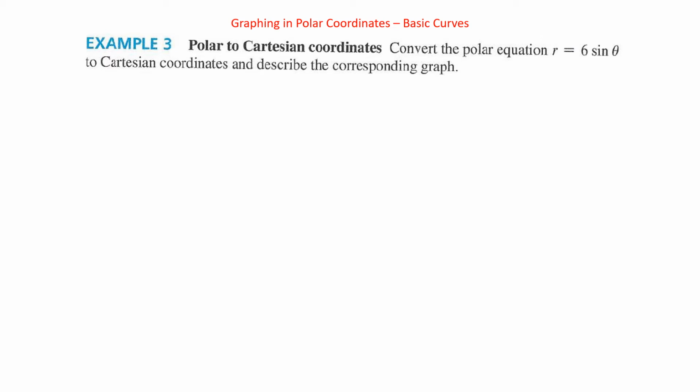Other basic curves. Let's convert the equation r equals 6 sine theta to Cartesian coordinates so we can describe what this thing looks like. Because when we see r equals 6 sine theta, what does that even look like? So how can we change this to Cartesian? First of all, everything we have is like r cosine, r sine. So let's multiply both sides of this by r.